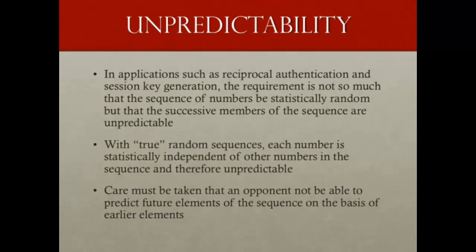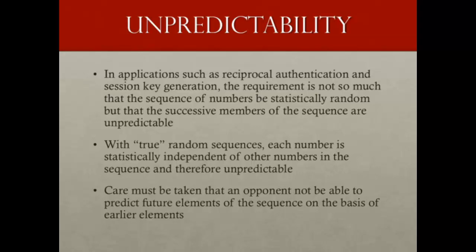Unpredictability. In applications such as reciprocal authentication and session key generation, the requirement is not so much that the sequence of numbers be statistically random, but that the successive members of the sequence are unpredictable. With true random sequences, each number is statistically independent of other numbers in the sequence, and therefore unpredictable.